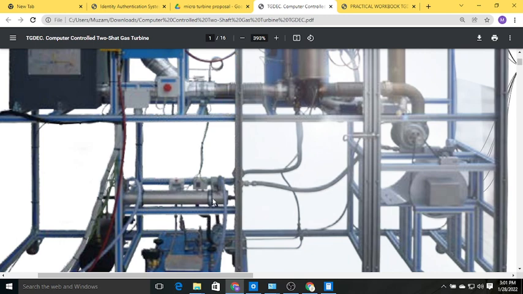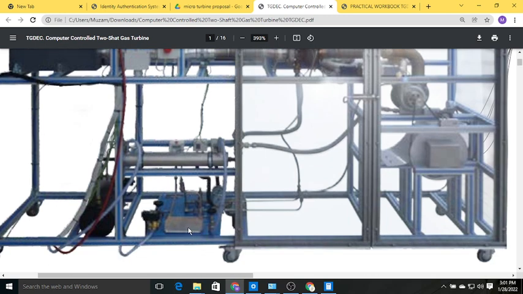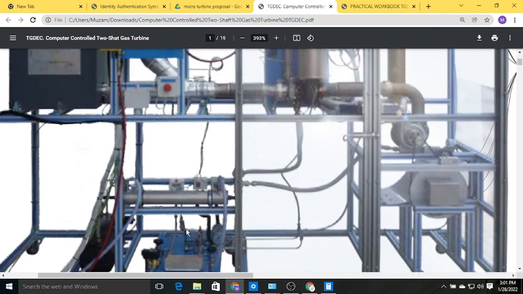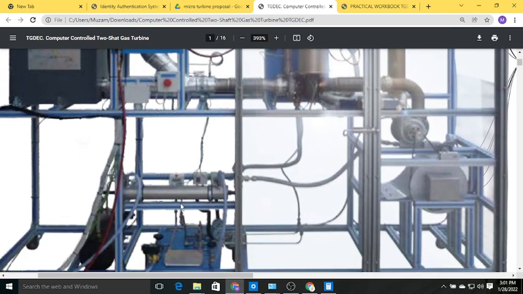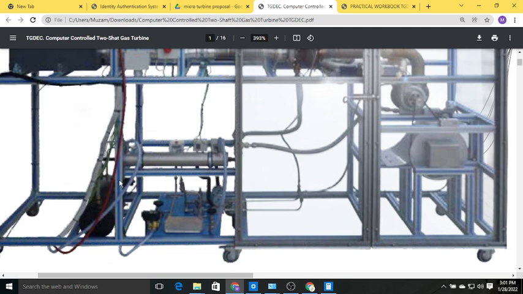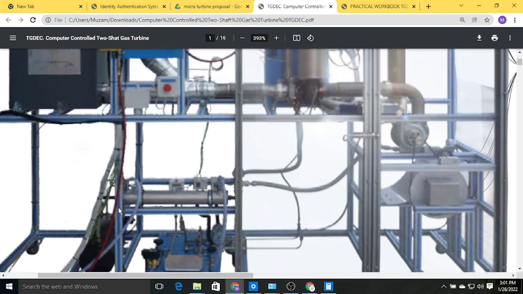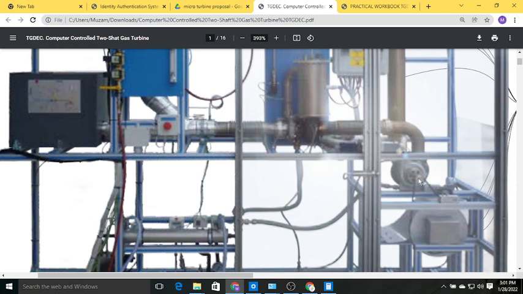Below this we have two heat exchangers to cool the system. This one is a shell and tube heat exchanger, and the bottom one is a plate type heat exchanger. They are both connected in parallel. This is the oil sump, and we have a pump. The pump makes high pressure, and that high pressure oil goes to the bush bearings of these two turbochargers.